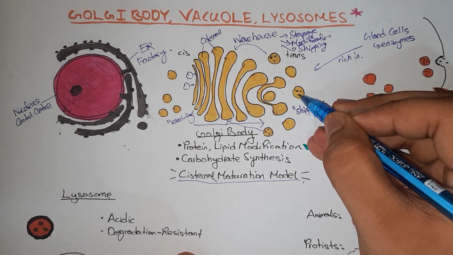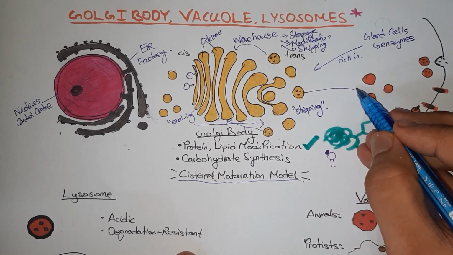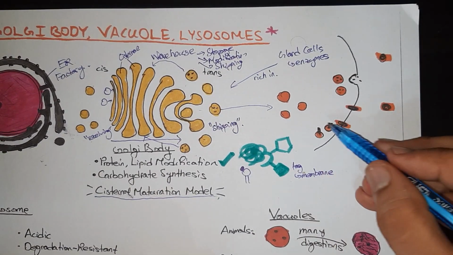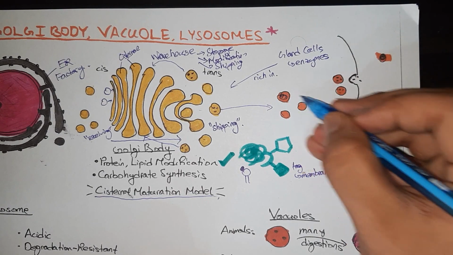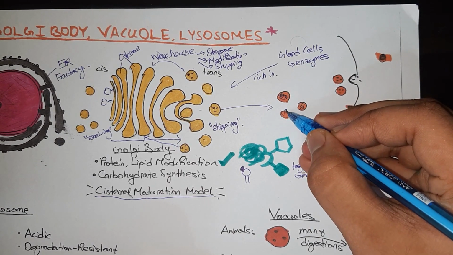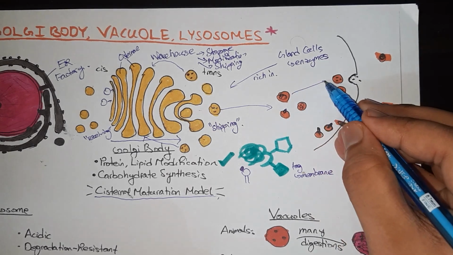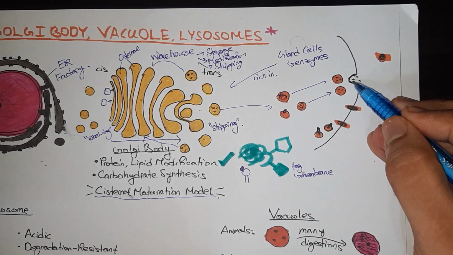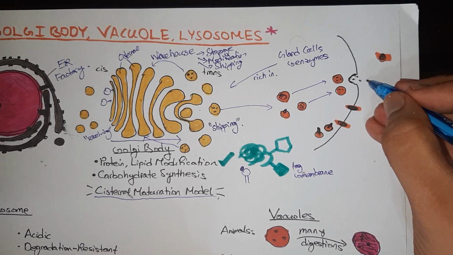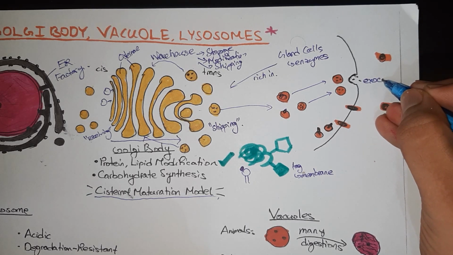This vesicle is now tagged to the edge of the cell, and I have drawn it in orange. These vesicles all contain proteins. The top two proteins are inside the vesicle, and they will be exocytosed from the cell by a process called exocytosis.